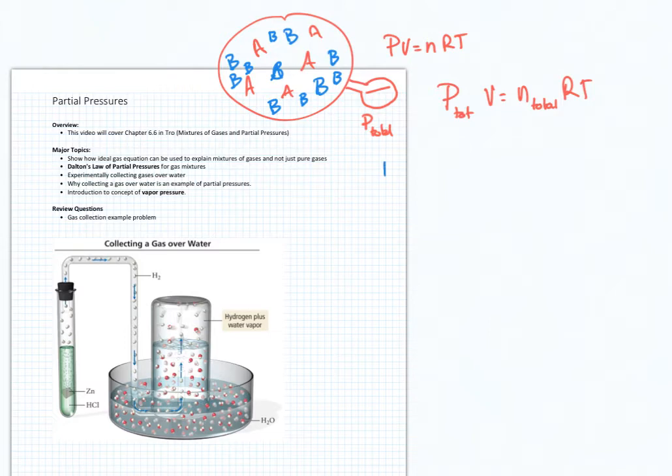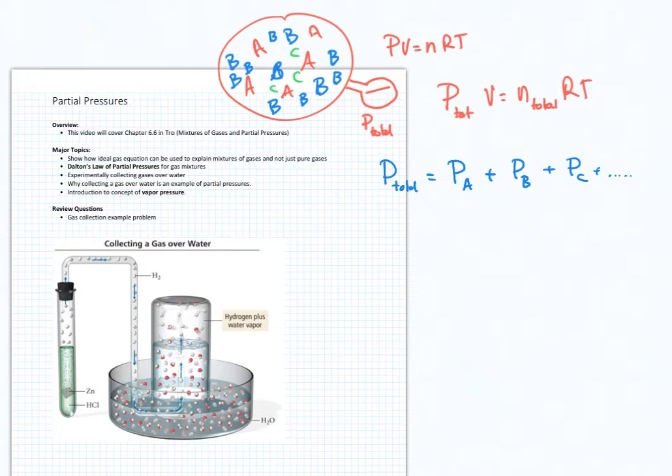The second piece of understanding then is that P total is actually equal to the sum of the pressures contributed by each individual gas. In this case, we have two gases, A and B. But if we added a third gas, a C, then we would have to add a third contribution due to gas C. And this could go all the way out to infinity, no matter how many gases we have in our mixture.